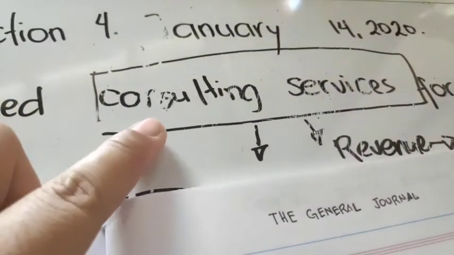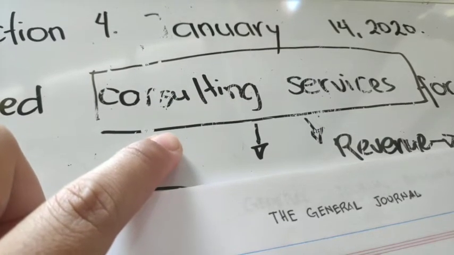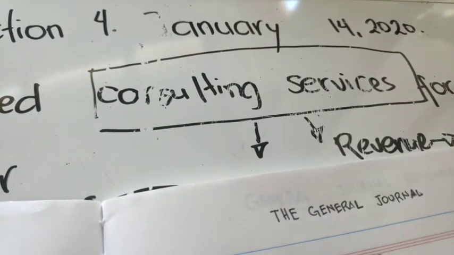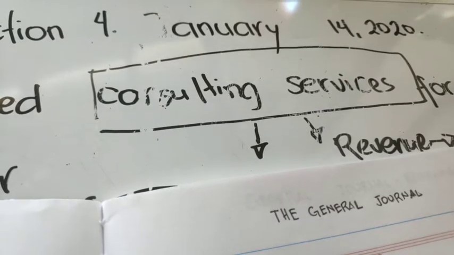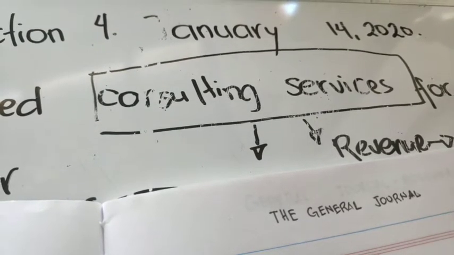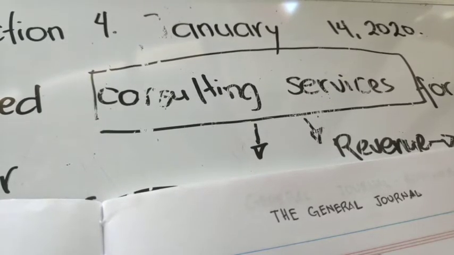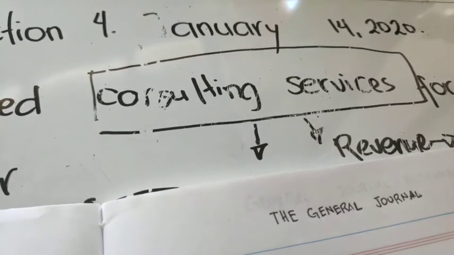What is being said in the problem is consulting services. To know the account title, as in your trial balance, you can directly see it in your revenue: you add the type of services offered by the company to the word revenue. So, consulting services revenue or simply consulting revenue.